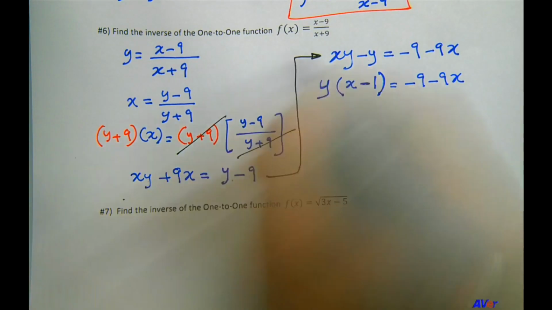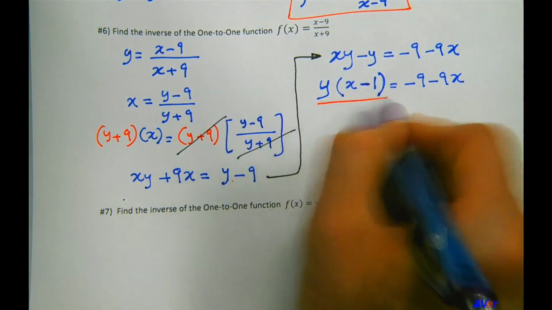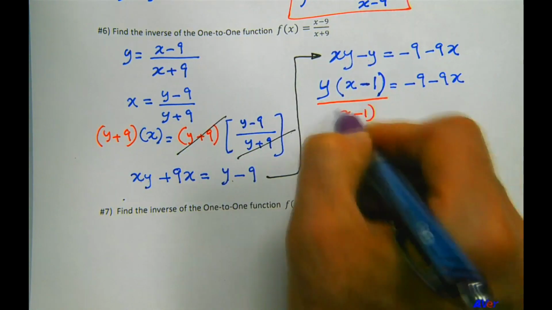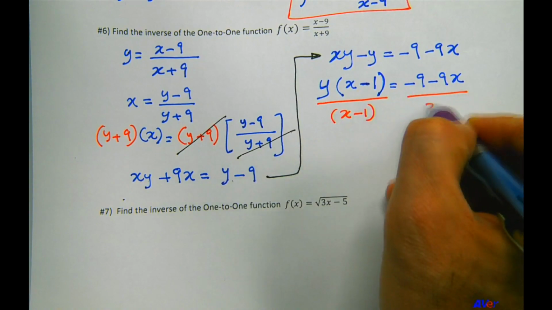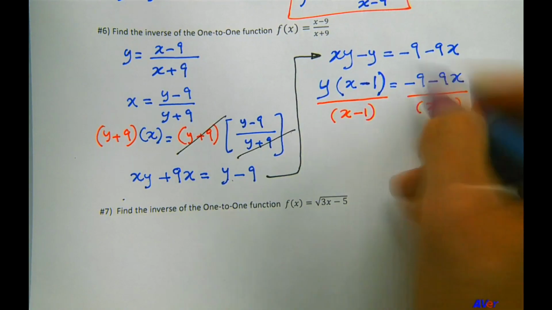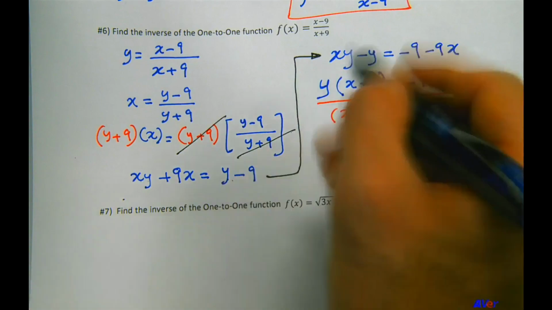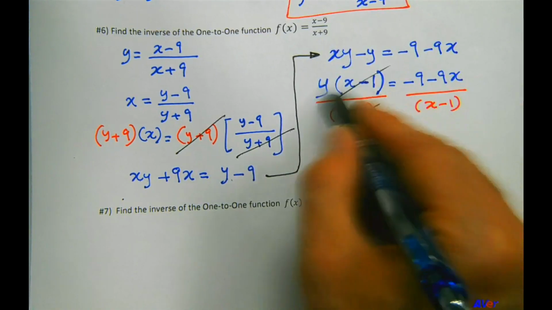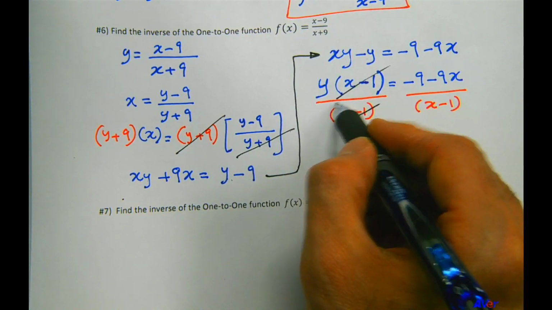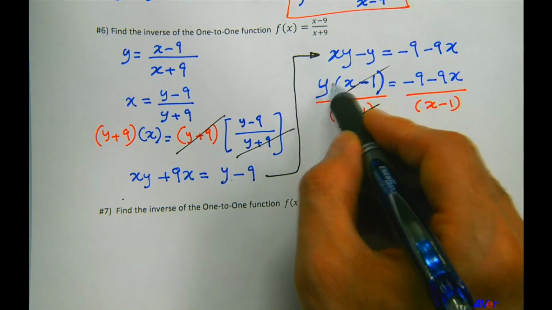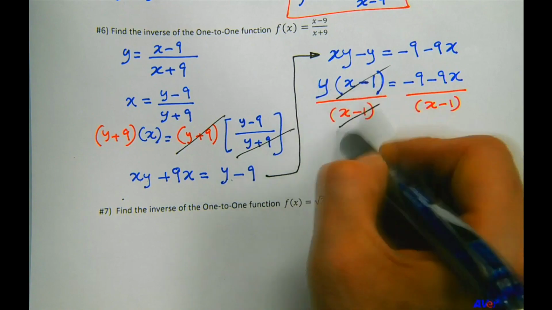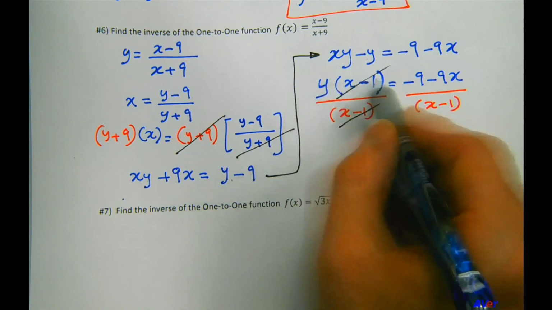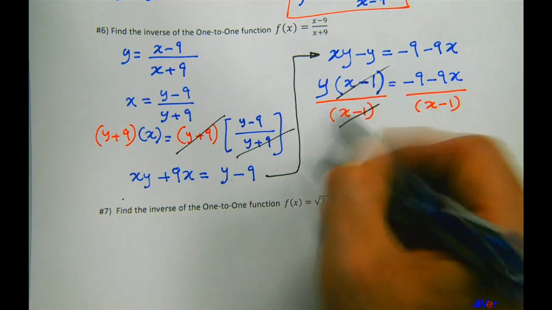No. It's got an x minus 1 next to it, so we need to divide both sides by x minus 1. Okay? On the left, these cancel out because they're being multiplied. If this was y plus x minus 1, I could not cancel them out. But y is being multiplied by x minus 1, so I can cancel them out.